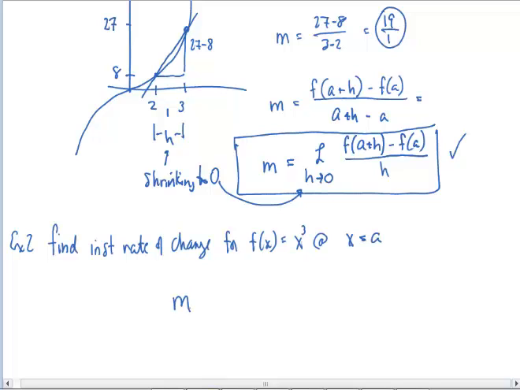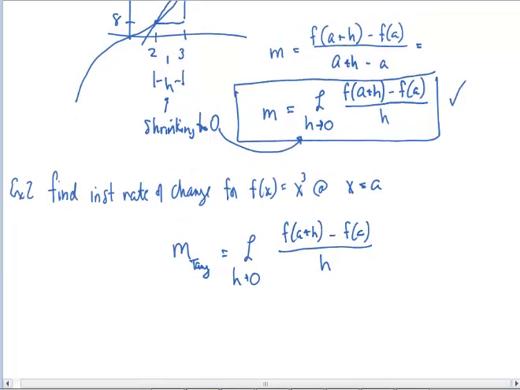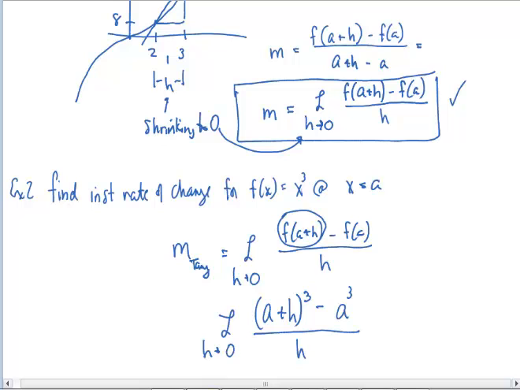We're going to say m of the tangent line will equal the limit as h goes to 0 of f of a plus h minus f of a all over h. Now this is where I have to be careful. I need to plug into this function a plus h. So a plus h quantity cubed minus a cubed all over h. I'm going to let h go to 0.